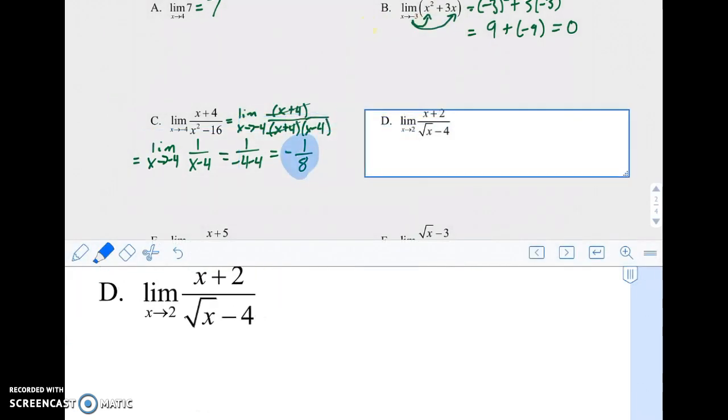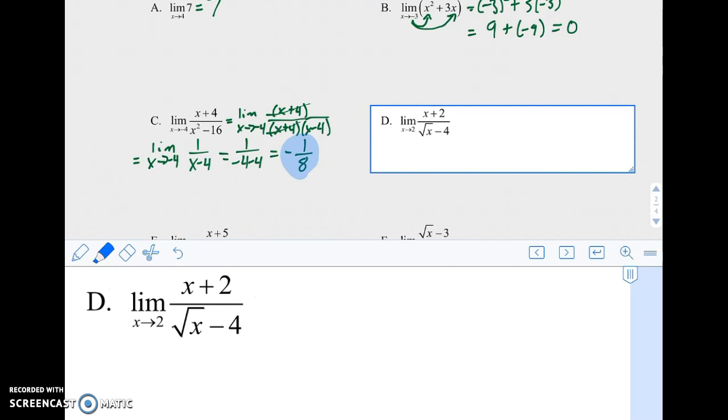Negative 1 over 8. Part D, we have a function that is not factorable, so what we're going to do is rationalize the denominator. How we're going to do that is we're going to multiply the top and bottom by the conjugate of the bottom. So that's the one with the square root, the one that needs rationalizing. Right? So the conjugate is simply the square root of x plus 4 instead of minus 4.